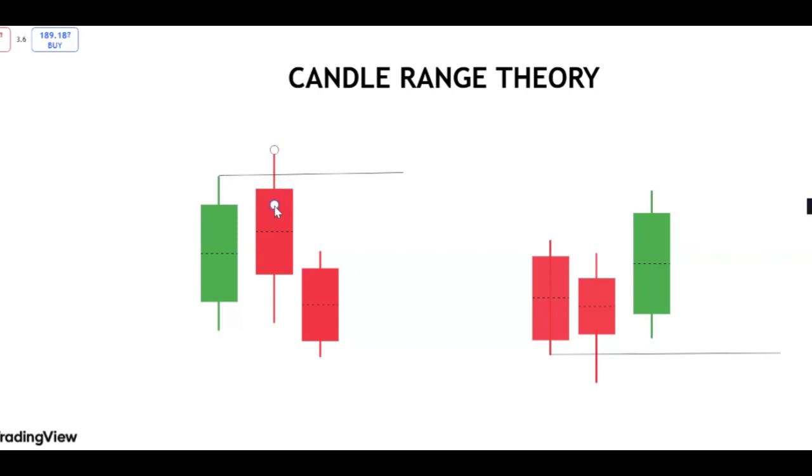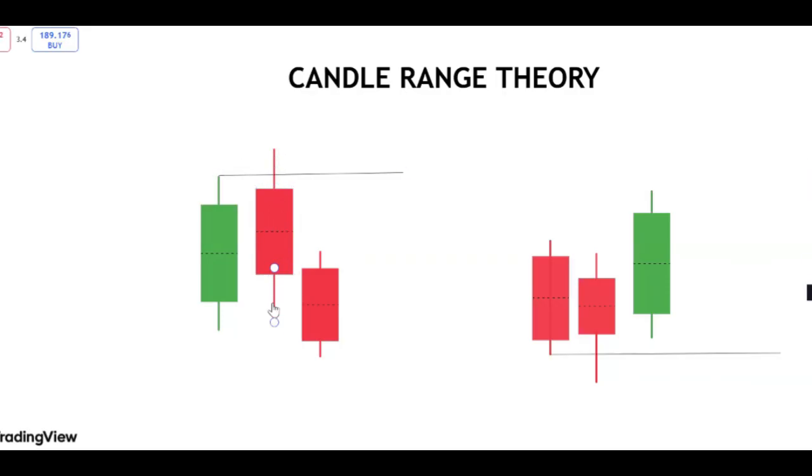Now, another thing I want to tell you is that it doesn't matter the color of the candle that took out the previous high and then closes below the high. It doesn't matter, right? Price could open here and trade to this point, retrace, and then close here after taking out this high. In this case, we'll have a bullish candle.